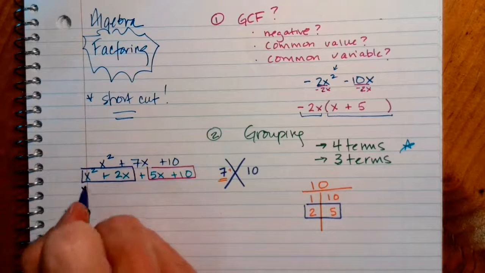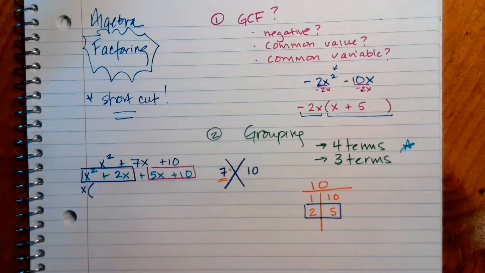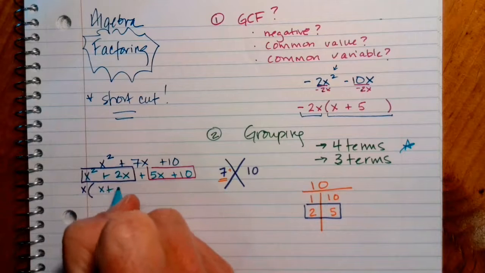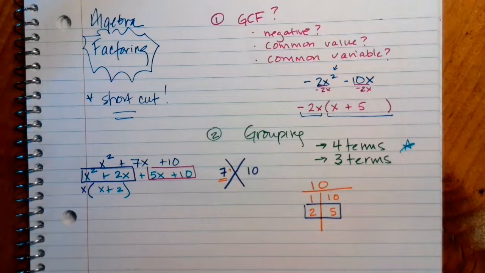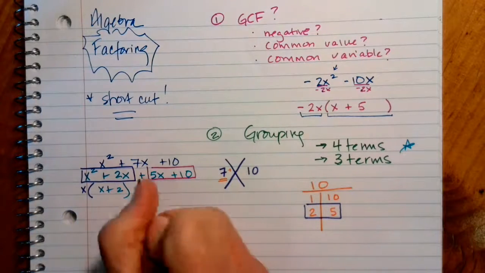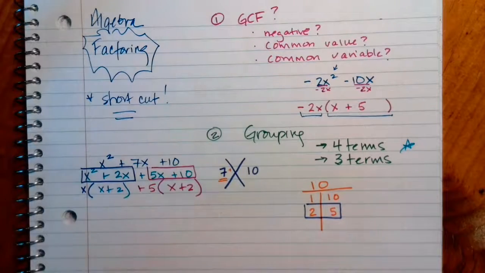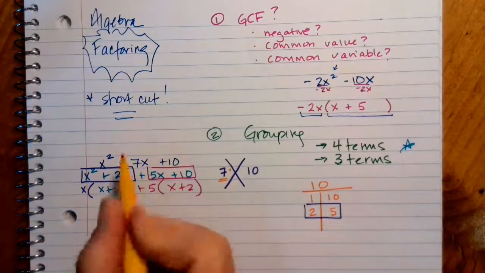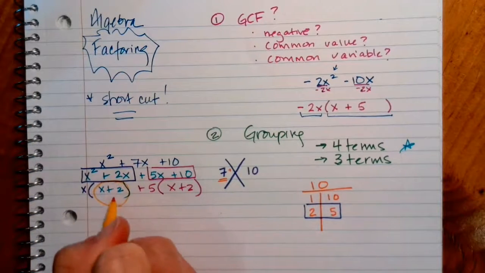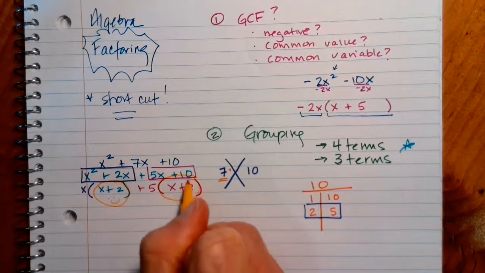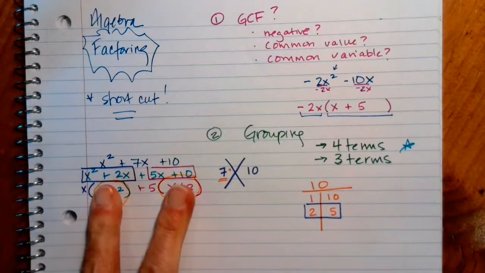So we can take an x out, and that leaves us with x plus 2. And we can take a 5 out, which leaves us with x plus 2. Once we see this common happy face, we know that that can be divided out.